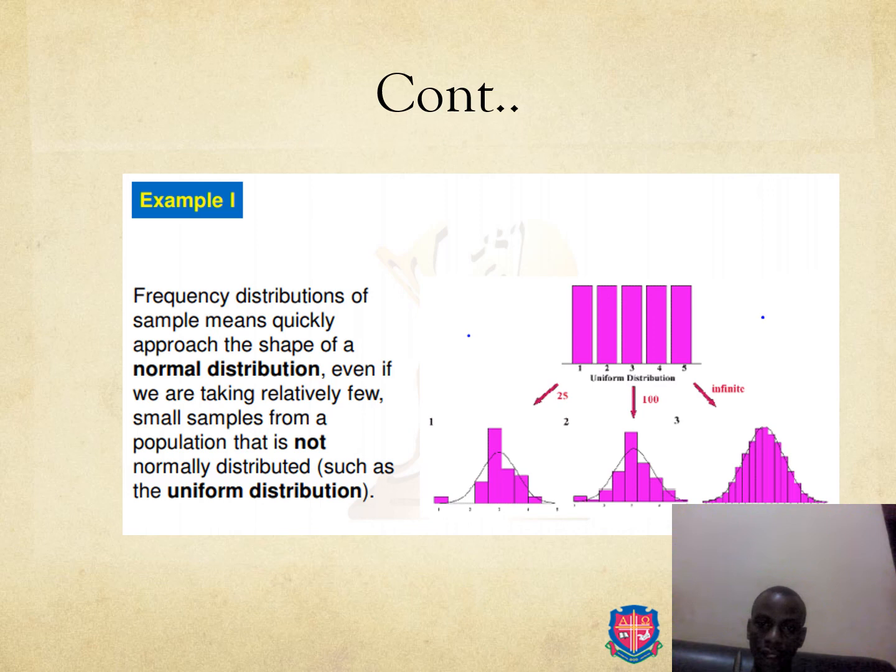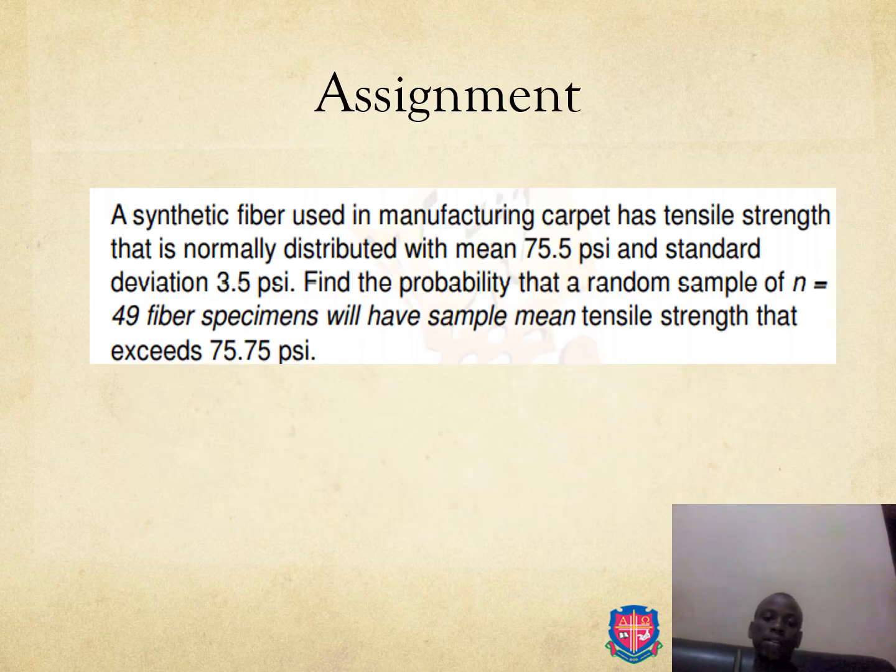In this case, our sample size is 25, here the sample size is 20, and then here it's 100, and here infinity. Of course you can see that for infinity it's normally distributed. For 100 it's closer, almost normally distributed.